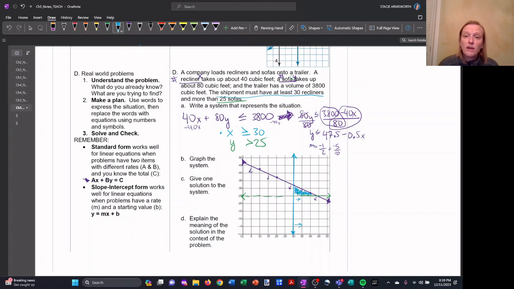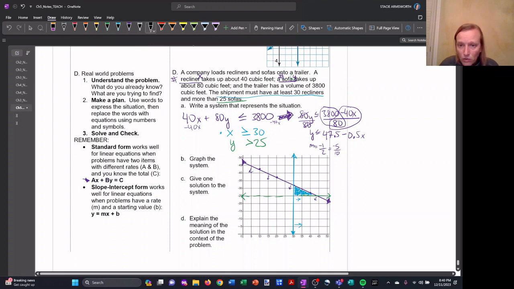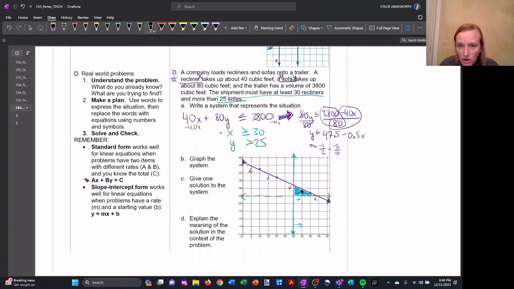Now, any point in this shaded region, including on the blue line or on the purple line, will be a valid solution to this system of inequalities. If I just pick the point (35, 28), let me draw that in here in black. (35, 28) would be a valid solution.